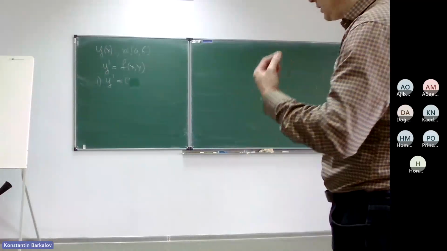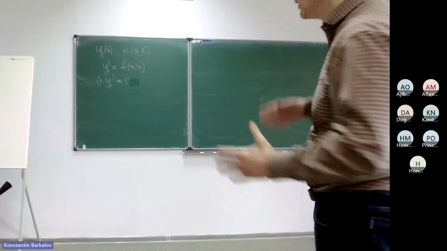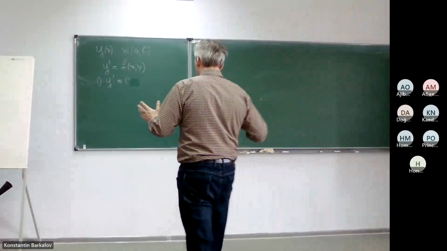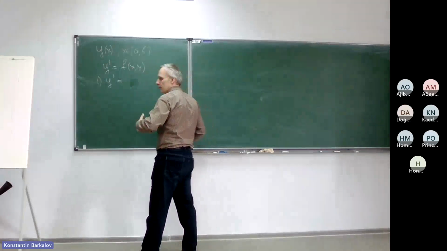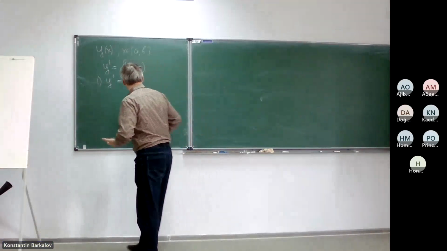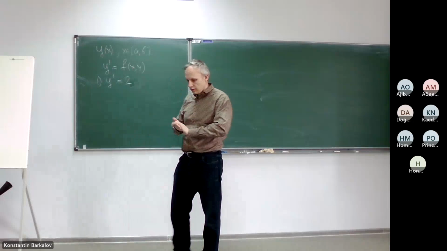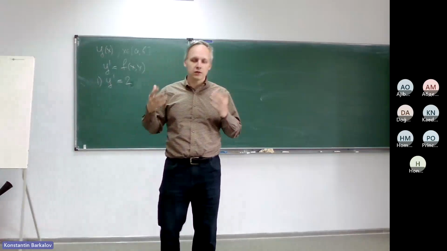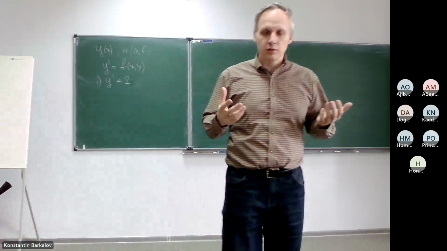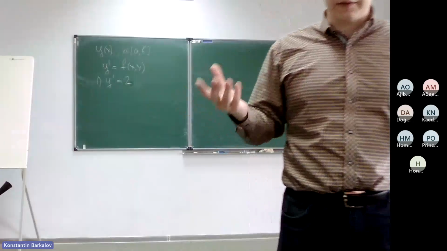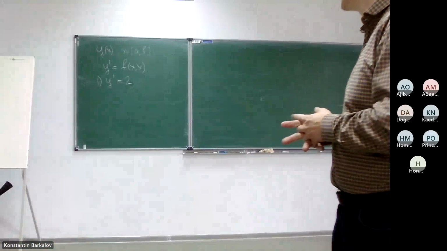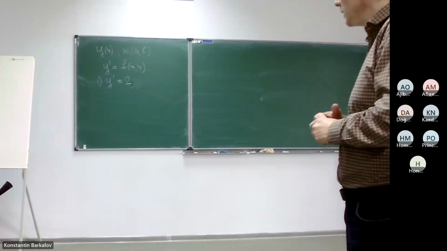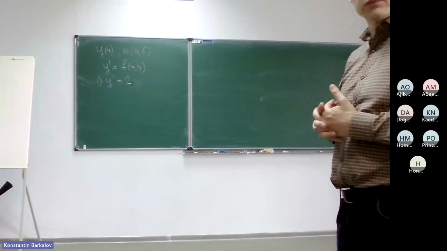Again, C is some constant. For simplicity, I can take C equal to, for example, 2. Y prime equals 2. What is the function y?